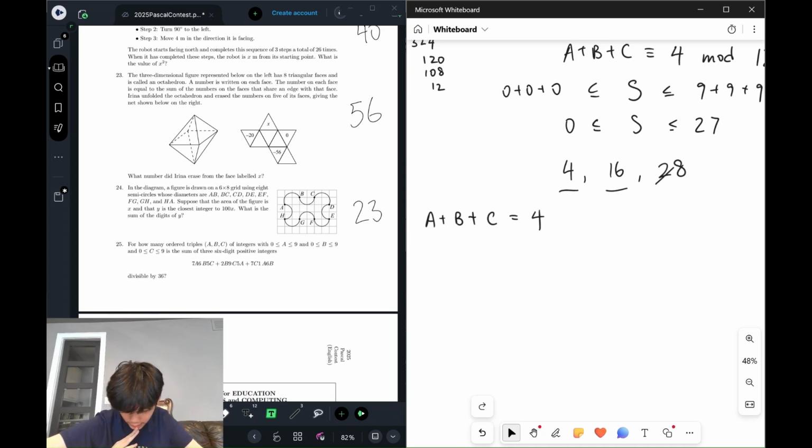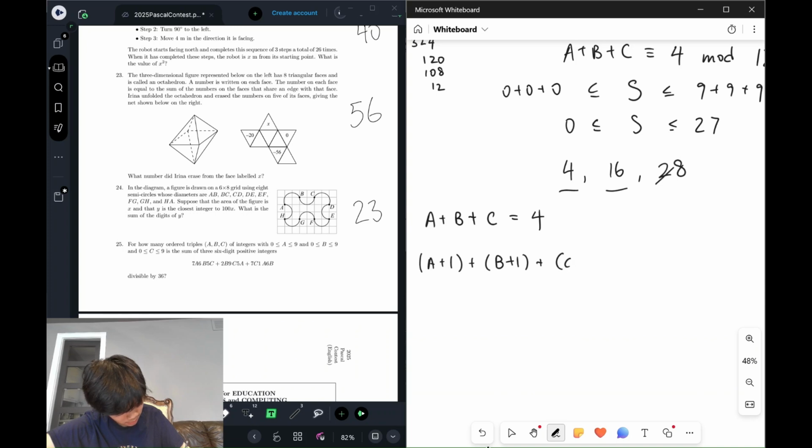Since we have that they are non-negative, we can add 1 to each of them to get that A plus 1, B plus 1, and C plus 1 add to 7. And now they're positive, so we can use the normal stars and bars setup. We have 7 stars.